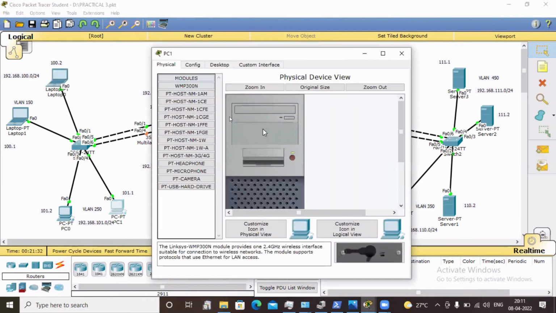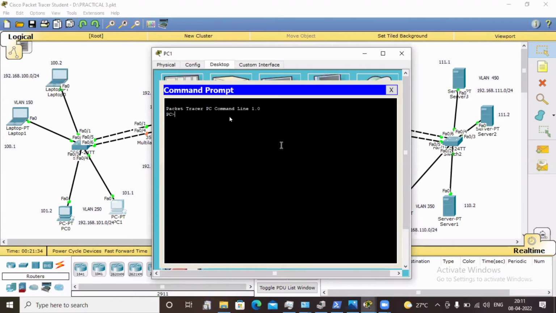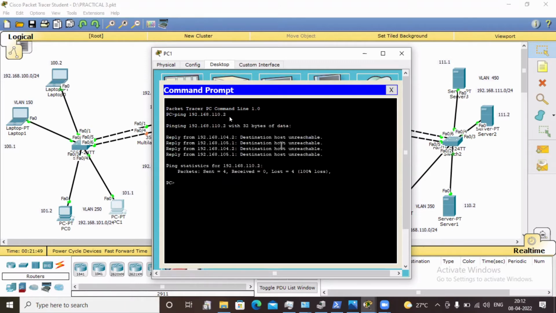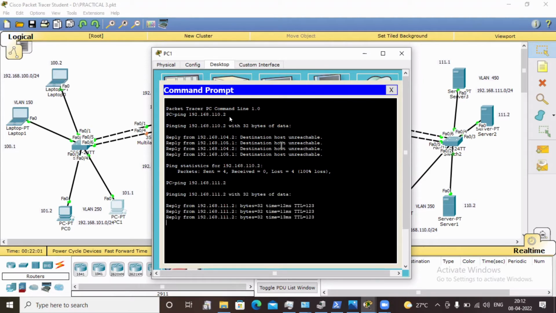Ping from VLAN 250. Yeah, it's working. Yes, sir. Working.